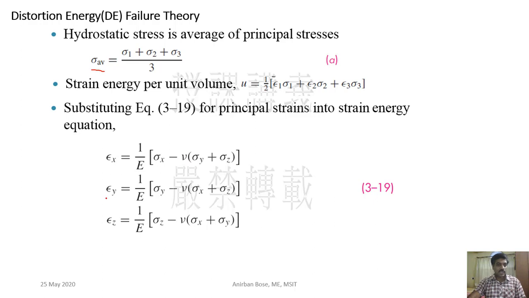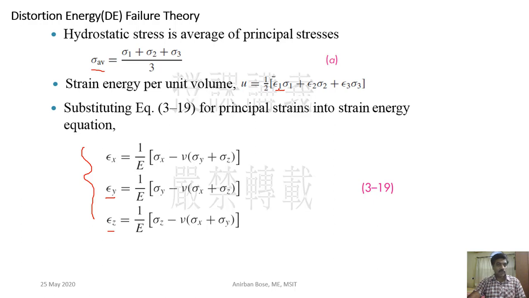Similarly in the y direction and z direction. Now for epsilon 1, it will be 1 by E into sigma 1 minus Poisson's ratio into sigma 2 plus sigma 3, and similarly for epsilon 2 and epsilon 3.